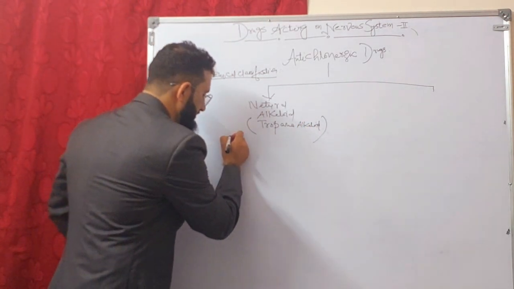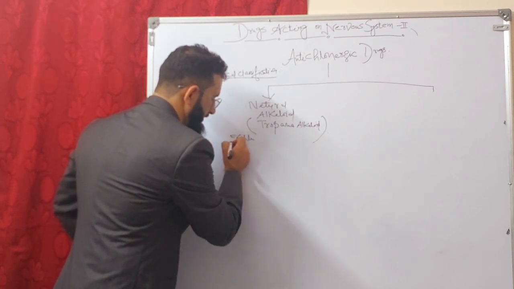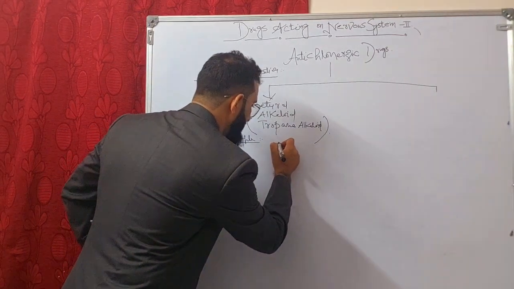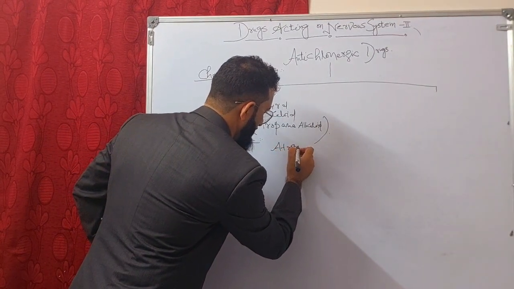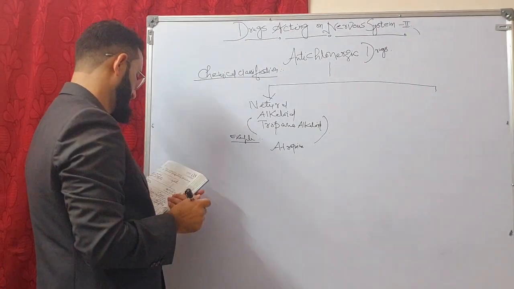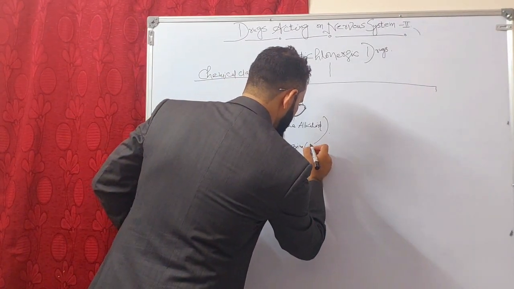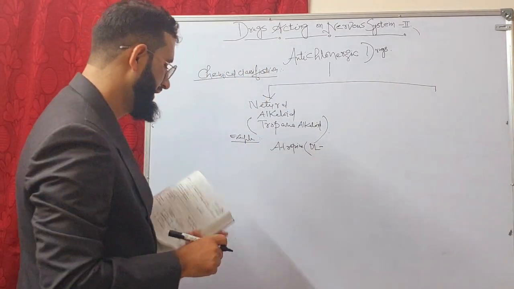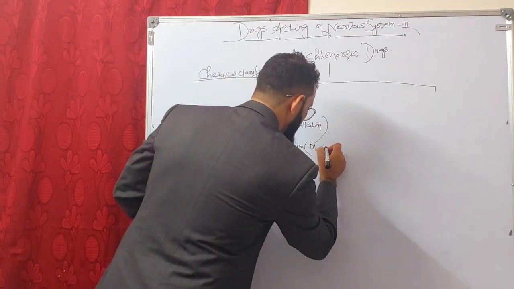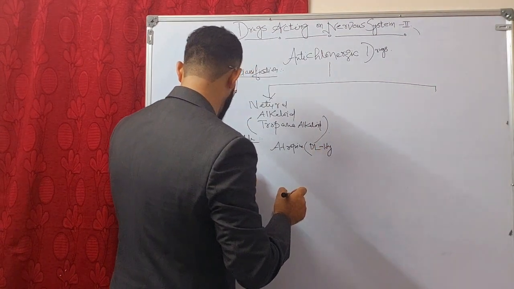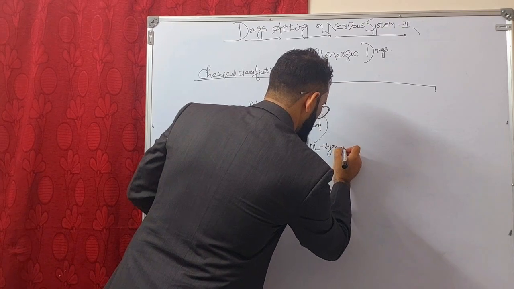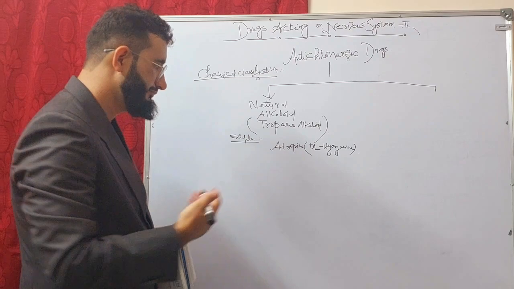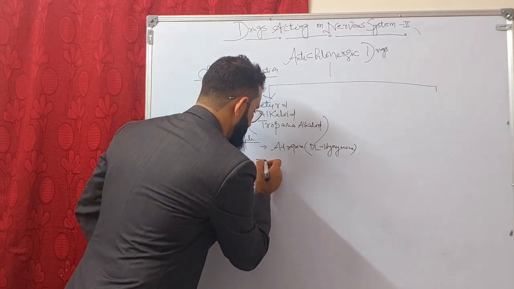In this we have examples: atropine, which is also referred to as L-hyoscyamine. Another example we have is scopolamine.